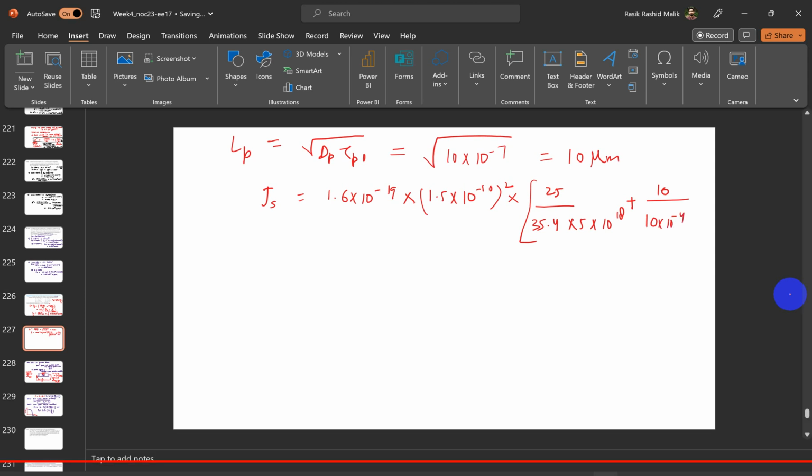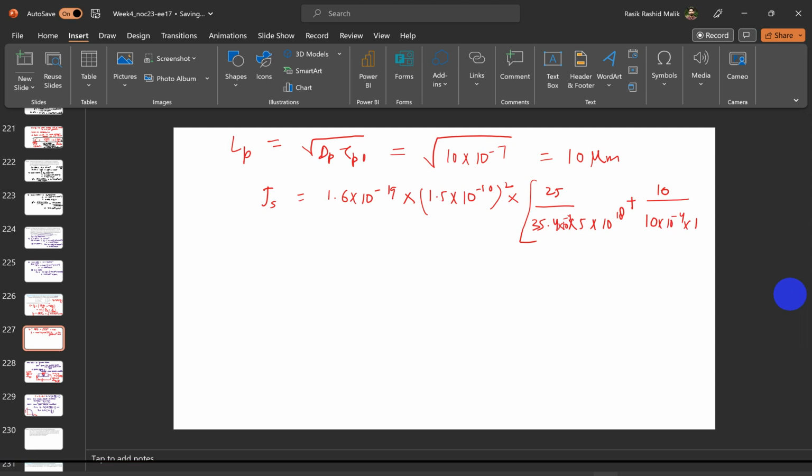Here again we have to write 35 into 10 power minus 4, into the doping Nd, that is 10 to the power 16. So let me calculate this value.